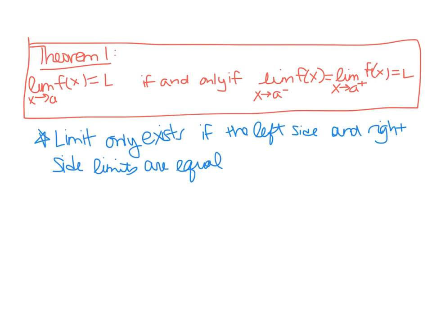So I wrote this out more in English: the limit only exists if the left side and the right side limits are equal. And if you want an example, if you look back in this video at the graph at numbers 5, 6, and 7, you'll notice that the limit does not exist because the left side and the right side limits are not equal.